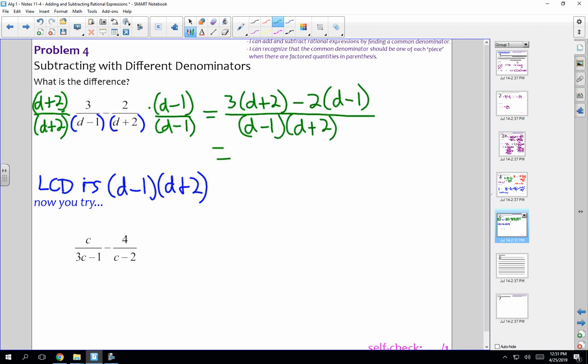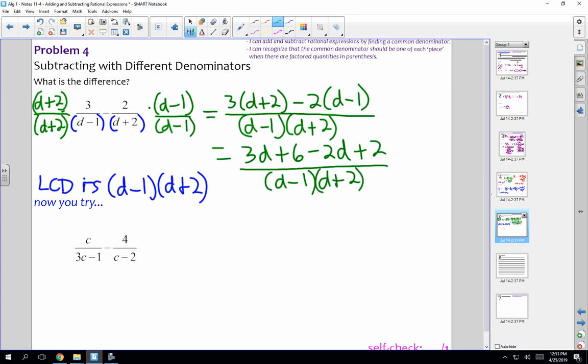Now doing a little bit of distribution here, we got 3d plus 6 minus 2d plus 2, all over that common denominator d minus 1 d plus 2. And combine like terms. When I combine like terms, 3d minus 2d is d. 6 plus 2 is 8. And I've got that over d minus 1 d plus 2. And if nothing can factor or simplify, then I'm done.